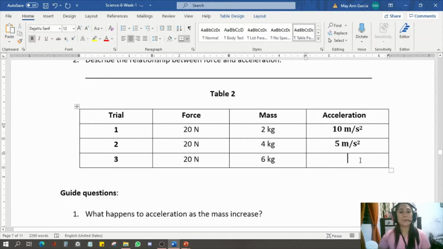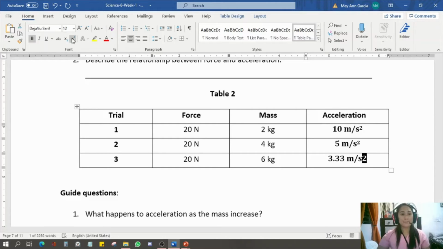And what about the last one? 20 divided by 6. How many 6 are there in 20? Okay. So, that will be 3.333 infinite na yan. So, gumamit lang tayo ng dalawang decimal place. So, 3.33 meter per second squared.